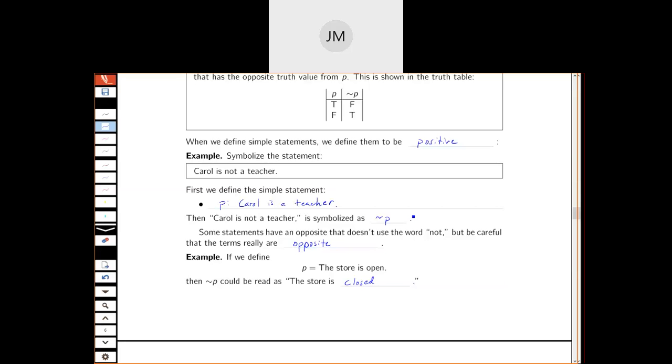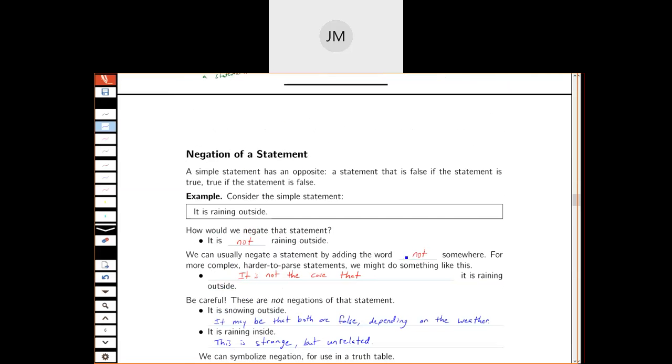If I say a true statement, it's not that any statement that's false is the negation. It's a statement that's always the opposite. But yes, you can think of a negation as an opposite. Maybe we'll write that here.